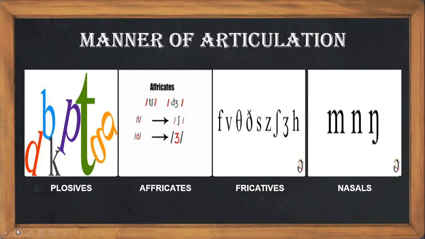The active and the passive articulator come into firm contact with each other, and therefore they stop the lung air from escaping through the mouth.